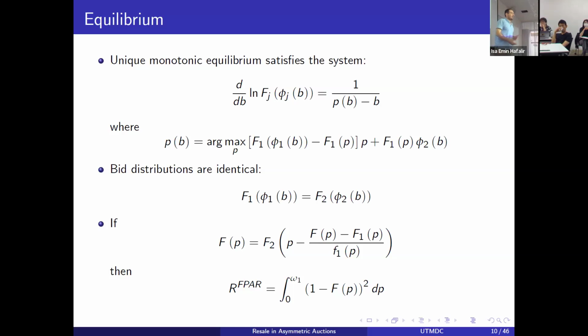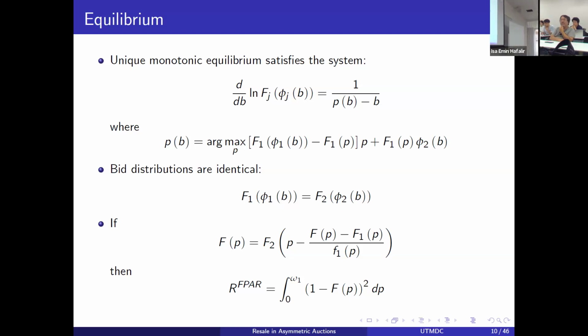There will be a unique maximizer whenever we have regular distributions. We assume throughout the paper that both distributions are regular, meaning the virtual values are increasing. Whenever we have regular distributions, this will have a unique maximizer, and this is the differential equation that needs to be satisfied.